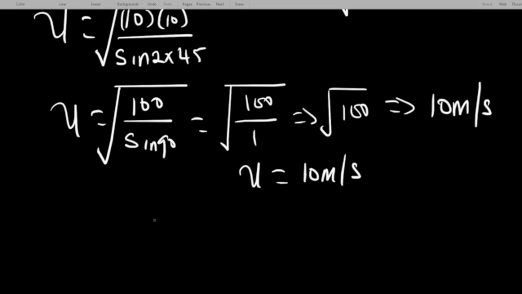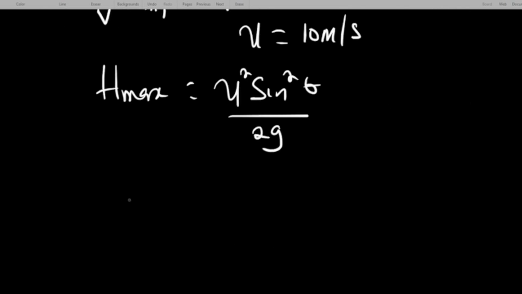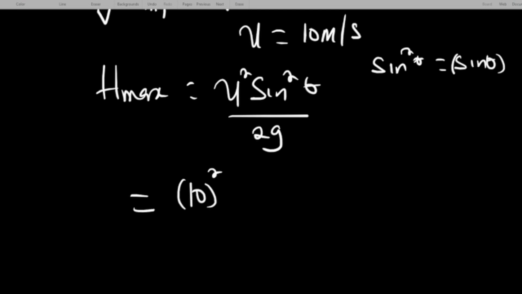So having found the initial velocity, let's now calculate the maximum height. We say h max is equal to u squared sine squared theta over 2g. This is equal to, our u is 10, this becomes 10 squared. So this sine squared theta can be written as sine theta all squared.